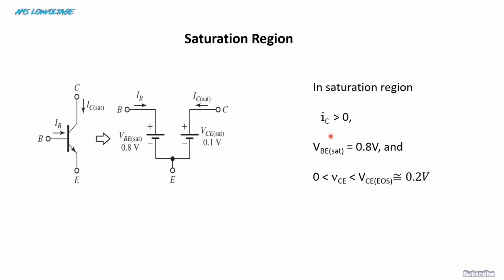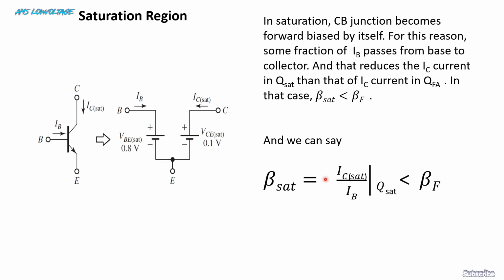In saturation region, collector current is greater than 0 and base emitter saturation voltage is 0.8 volt, and VCE is greater than 0 but less than its saturation voltage. That means 0.2 volt.